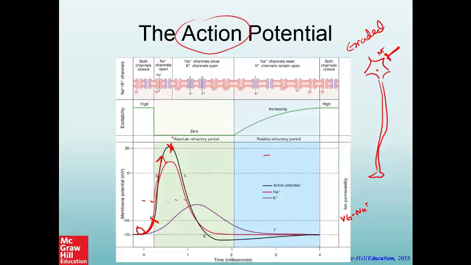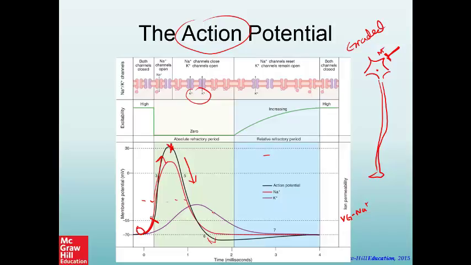And then the potassium that's leaving the cell now is causing the cell to repolarize. Right, so potassium rushing out of the cell causes repolarization. Because potassium channels are slow, that repolarization actually goes past resting membrane potential.